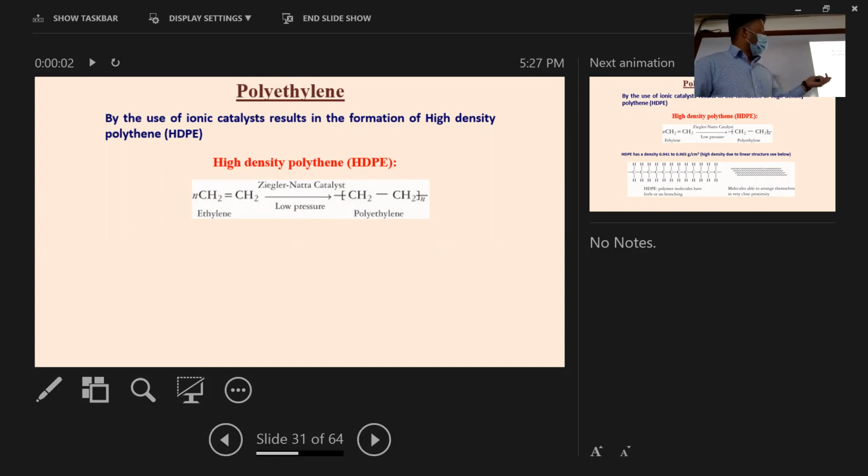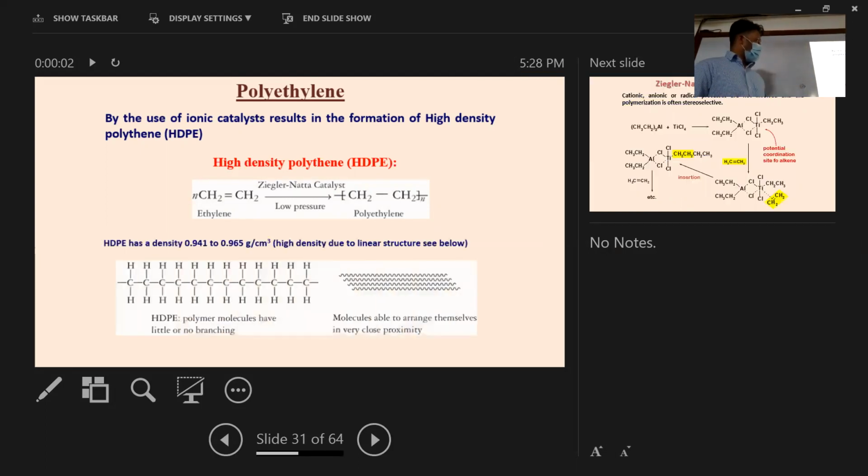So for high density polyethylene we are using Ziegler-Natta catalyst and a little bit low pressure. If we use these types of catalyst, then we can have the polyethylene, which is very hard, and the density is a little bit higher compared to the LDPE.